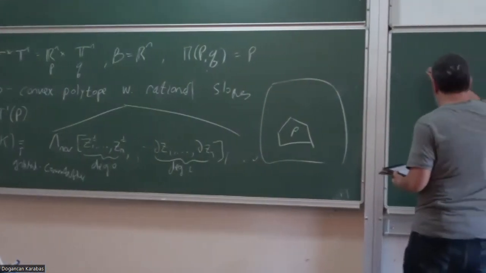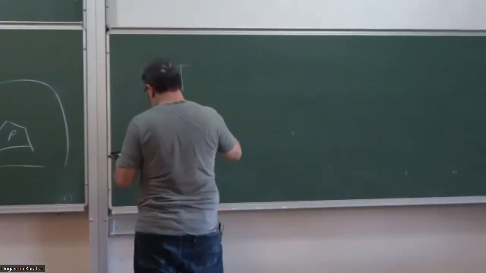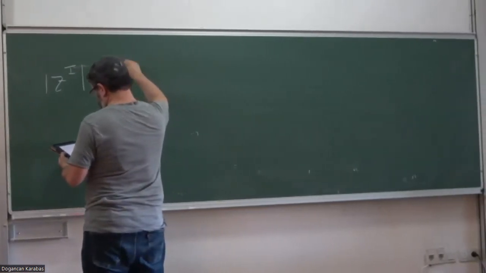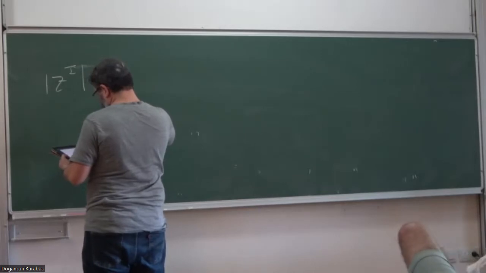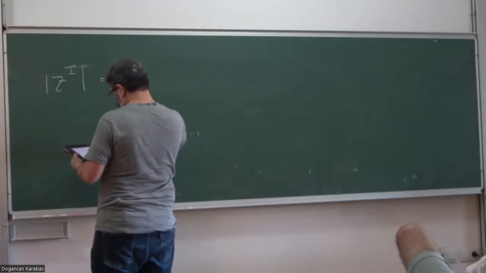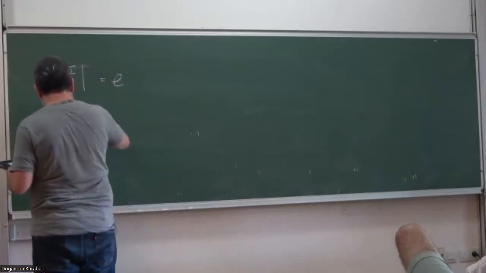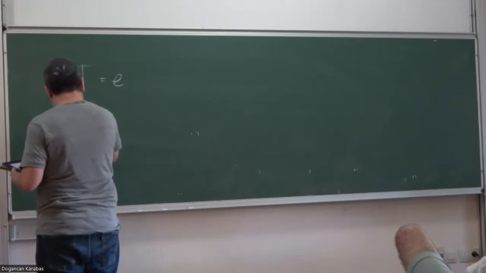Okay, so the explicit description of the completion is that we just have to define the norm. So the norm of Z to the I is basically E to something.